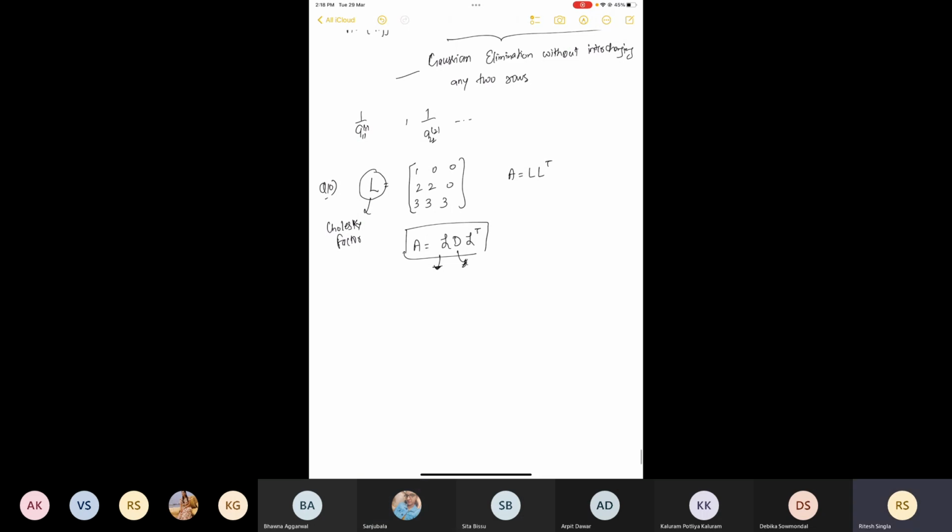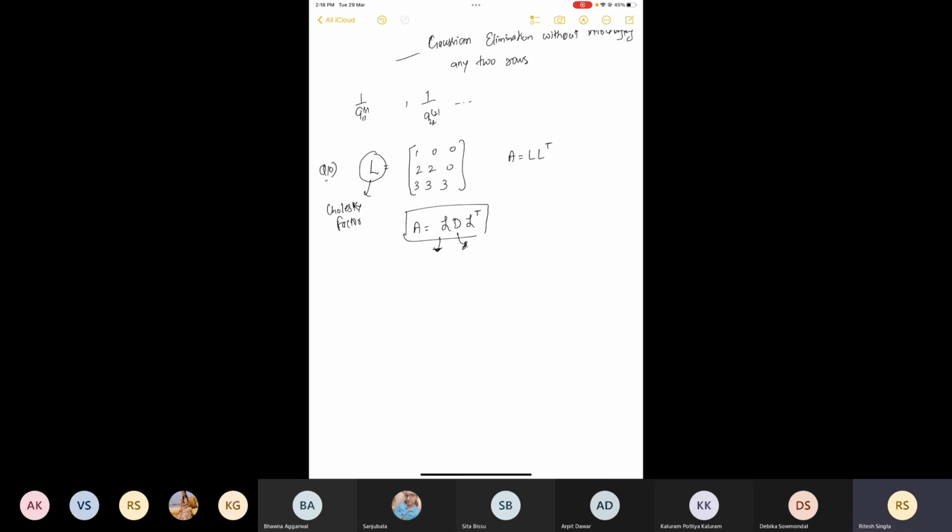Okay, let us discuss that then. So you have your L with you, right? This L is 100, 220, and 333. Okay. So do one thing. Write all the diagonal entries into a new matrix: 100, 020, and 003.